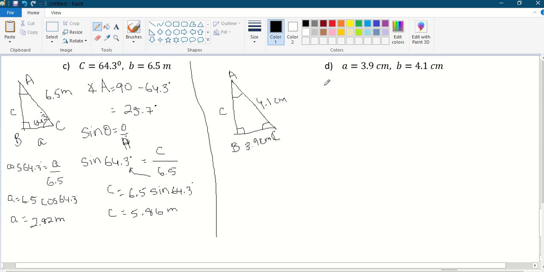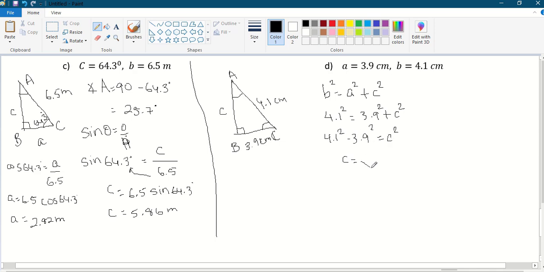Because we are given two side lengths, maybe this time we can start with solving for a side length. Using the Pythagorean theorem, B squared equals A squared plus C squared. So 4.1 squared equals 3.9 squared plus C squared. So 4.1 squared subtract 3.9 squared equals C squared.